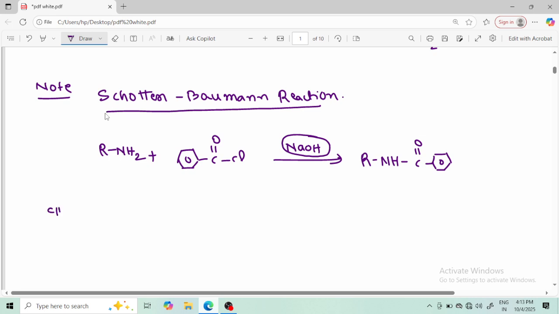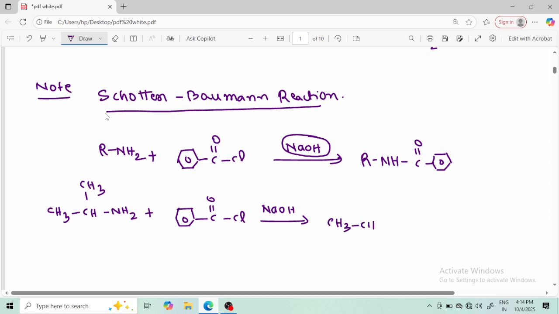If I give an example, CH3CH2CH(CH3)NH2, and let's say it's reacting with this benzoyl chloride and NaOH. Then one hydrogen is removed, and you have this C double bond O and then the benzene ring.